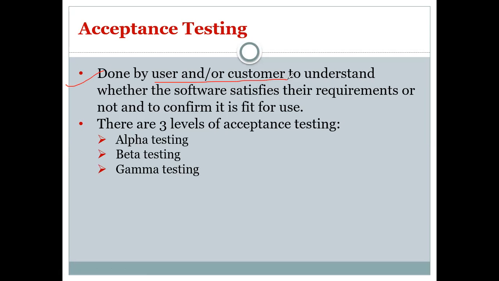So if these next levels of testing are passed, then your software will be accepted by your end user or the customer. So there are 3 levels of acceptance testing, that are nothing but alpha testing, beta testing, and gamma testing. We are going to see them one by one.